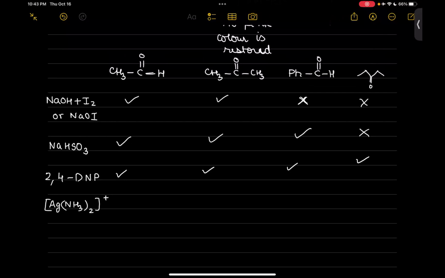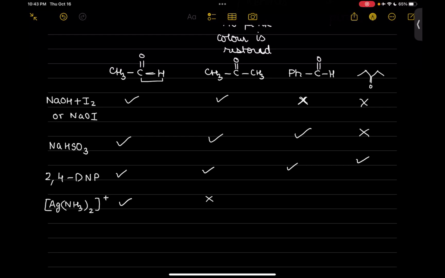The first one, will it give or not? Yes, acetaldehyde. Second one, does it have hydrogen? No, it will not give. Not only an aldehyde gives it.